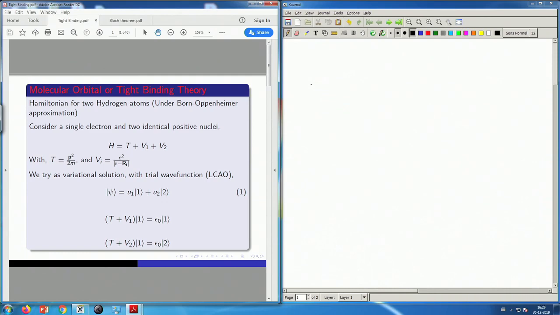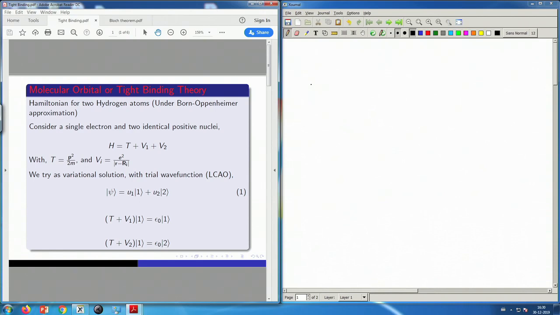This approximation is called the Born-Oppenheimer approximation, and under this approximation one basically neglects all the dynamics concerning the nuclei. That is again the same thing that we will do for n, an arbitrary number of atoms. The argument there is even stronger.